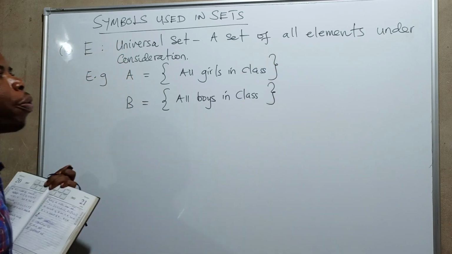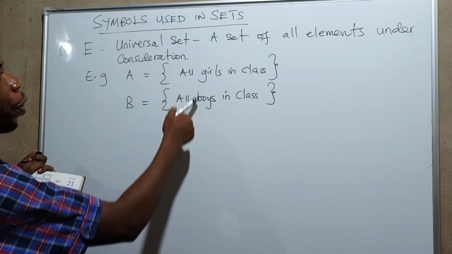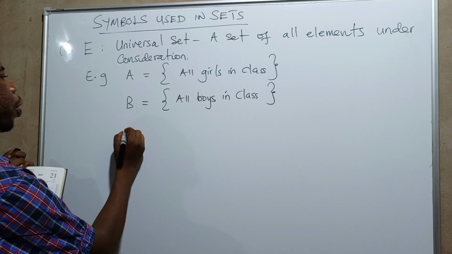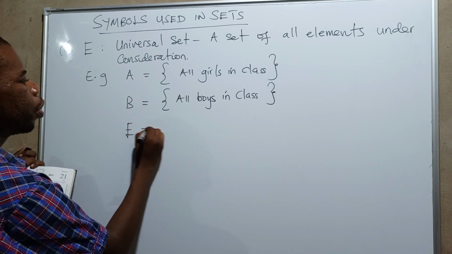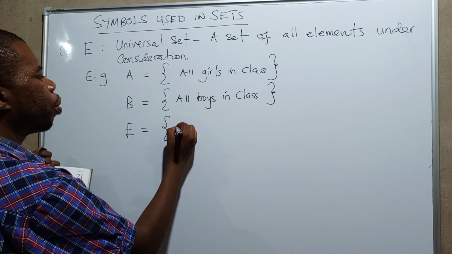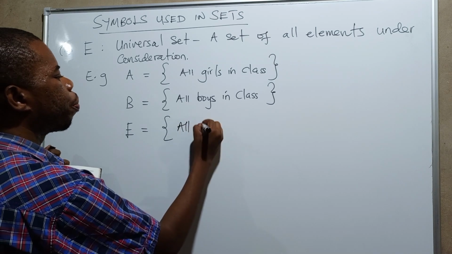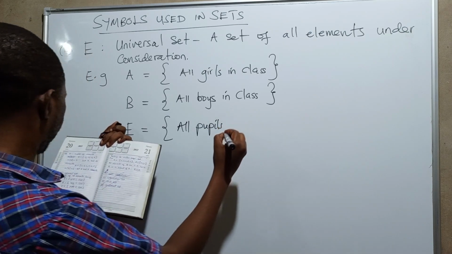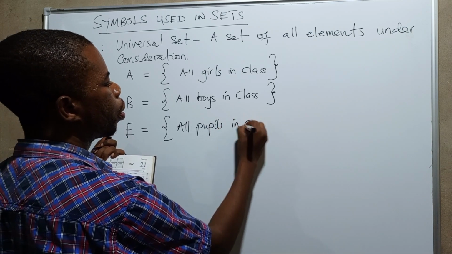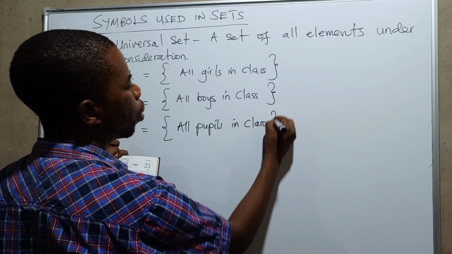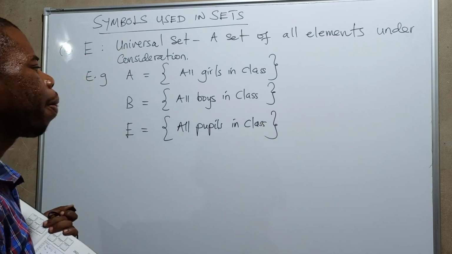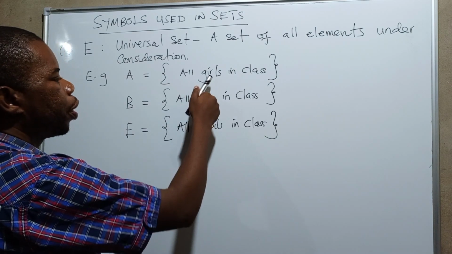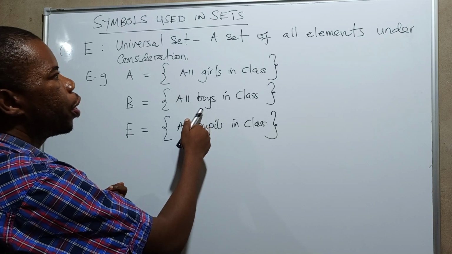Now, if we were to write a universal set for these two, it will be all pupils in class, because the pupils under consideration are girls in class or boys in class.